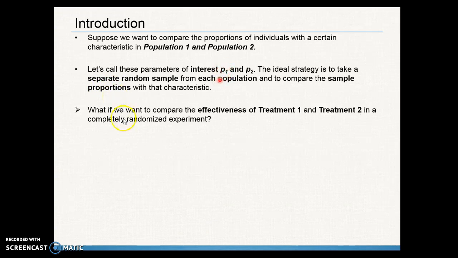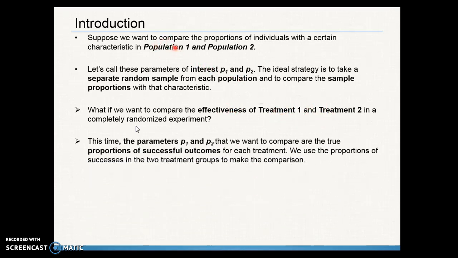Same thing, what if we wanted to compare the effectiveness of treatment 1 and treatment 2 in a completely randomized experiment? This is also the same thing as two populations. Treatment 1 and treatment 2 are two completely different treatments. Therefore, we're going to say that they're two populations.